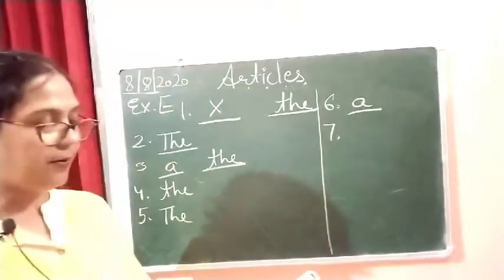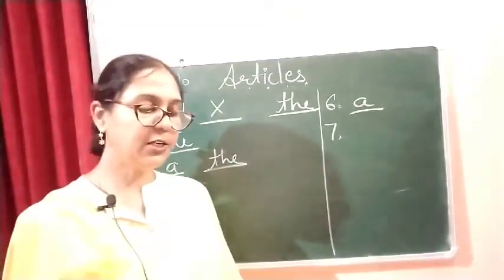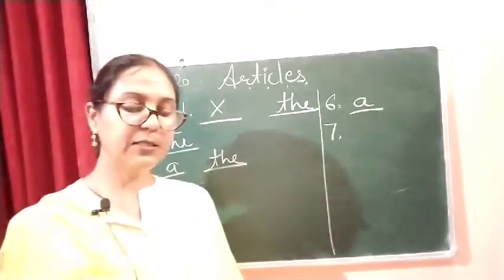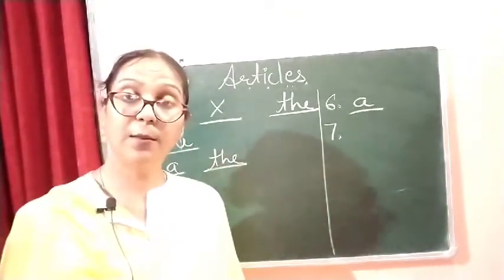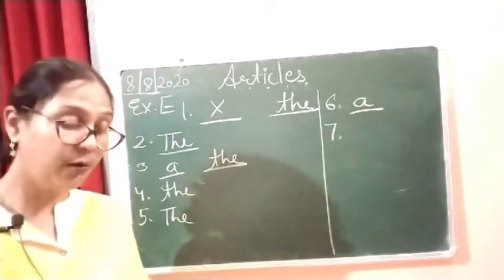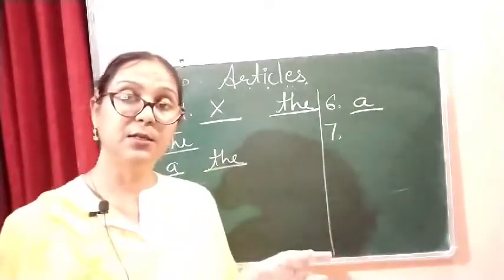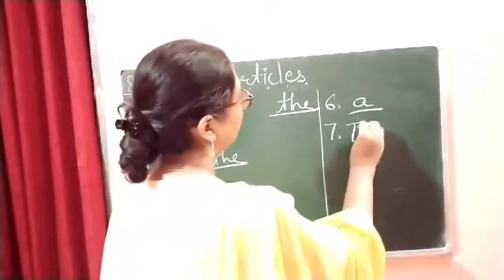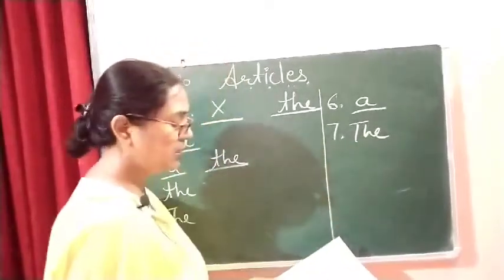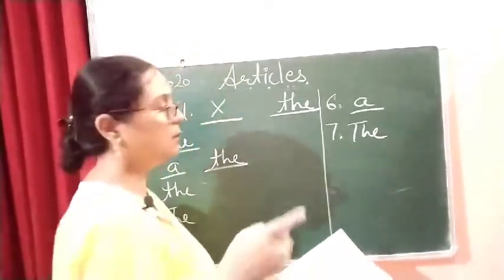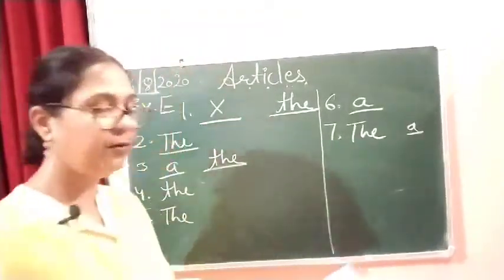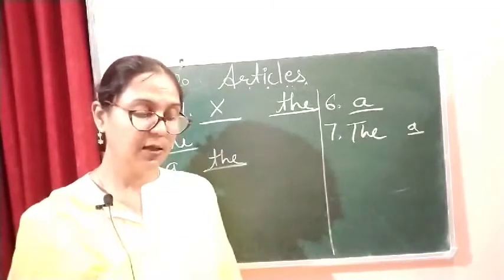In number 7, dash intelligence of dash princess made everyone speechless. So we are talking about the intelligence of that particular princess. So that is why we are supposed to use the intelligence of the princess made everyone speechless.